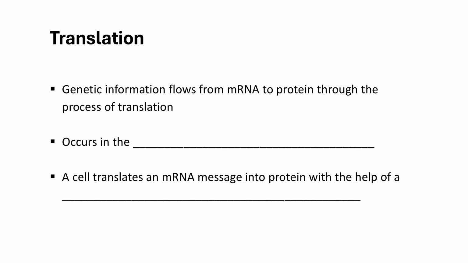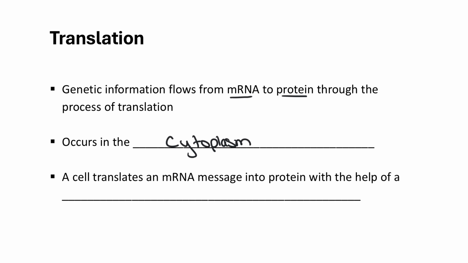Now let's move into translation. In translation, the genetic information flows from mRNA to protein. It is going to occur in the cytoplasm, and very specifically, it is going to occur on a ribosome.